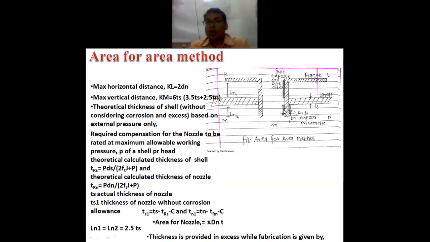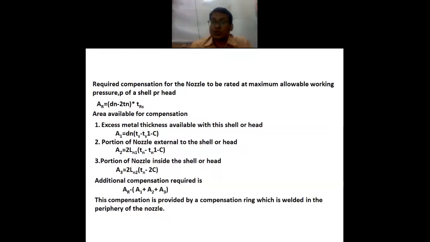Because on both sides you have exposure to the fluid that may corrode. While we are taking into account the upper section, there is corrosion on only one side. However, this internal portion is exposed to corrosion on both sides, so it becomes 2 times the corrosion.